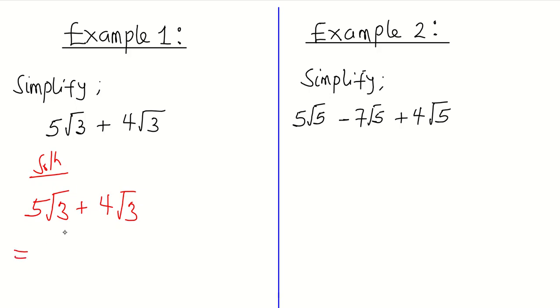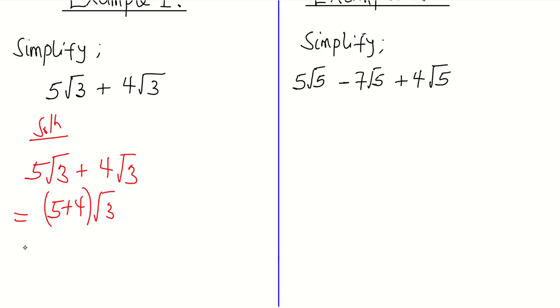Provided the root components are the same, or they have the same number under the square root sign, then we can add the coefficients, which means we have 5 plus 4. So we add the coefficients 5 plus 4 and we write one of the root components. 5 plus 4 is going to give us 9. So that is 9 square root of 3, and that's the solution to this question.